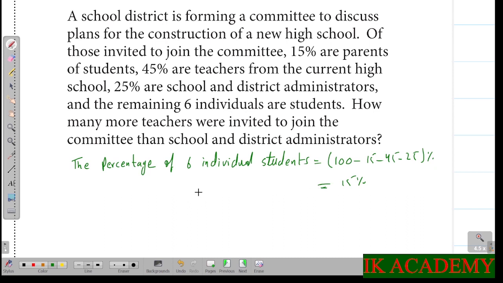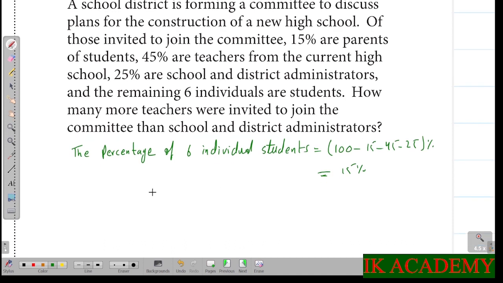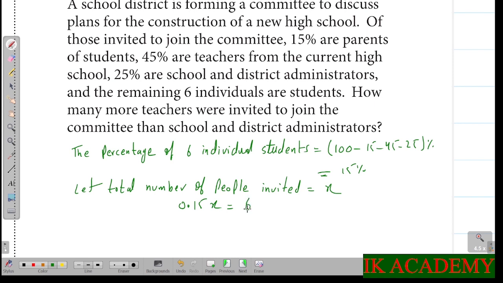Now we can find the total number of people invited by using the 15% of 6 students. Let the total number of people invited be X. When we multiply 15% with the total number of people, we get 6.